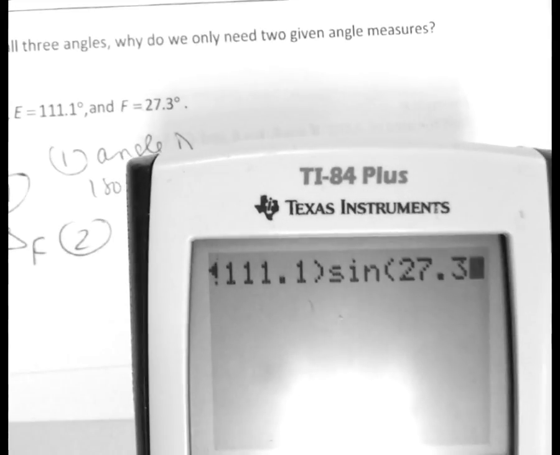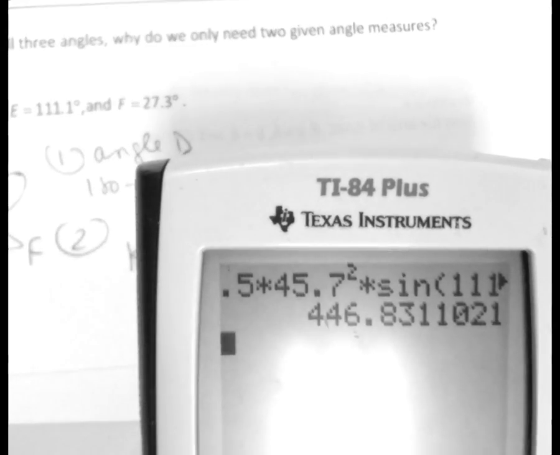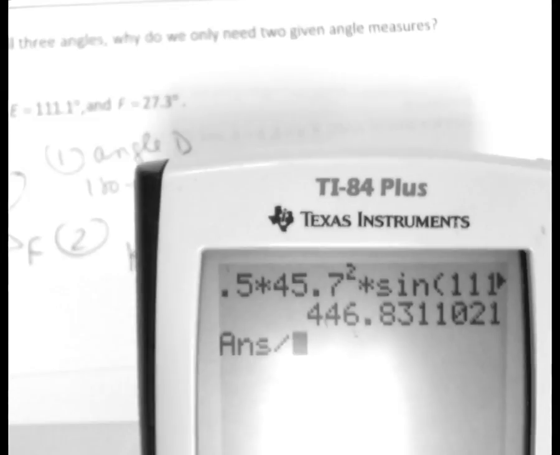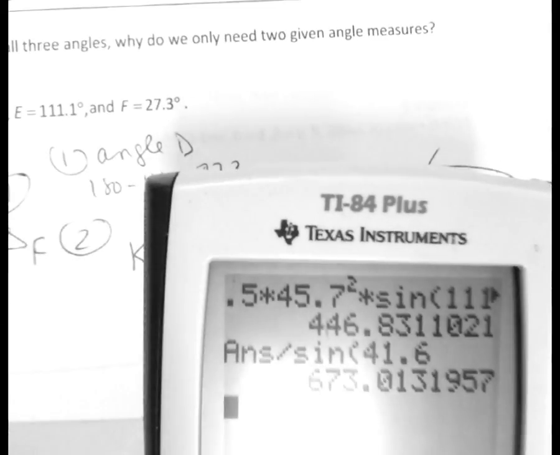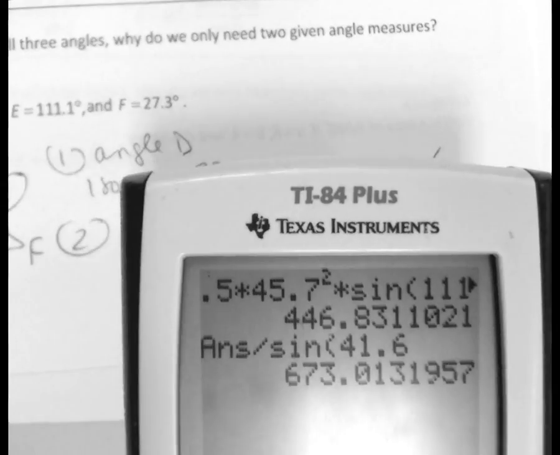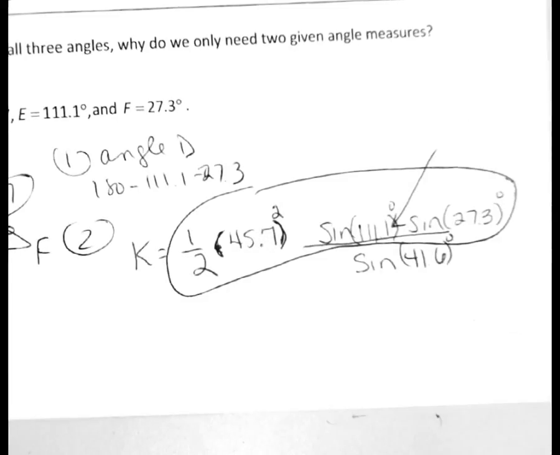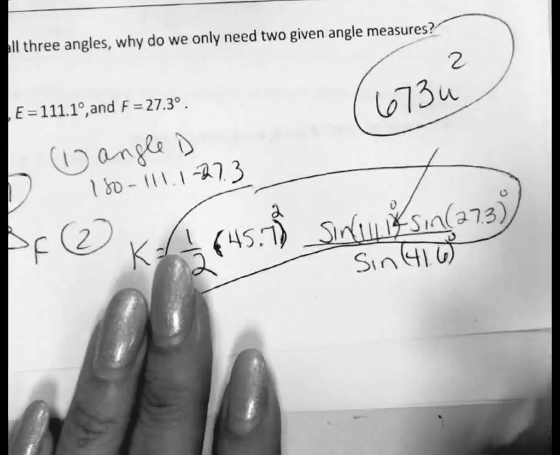I don't really have to close this parenthesis because I'm going to press equals right now. And then I'm going to divide by the one on the bottom, which is sine 41.6. Answer is 673.01, so it's just 673. You're going to write units squared, and that's how you do it.